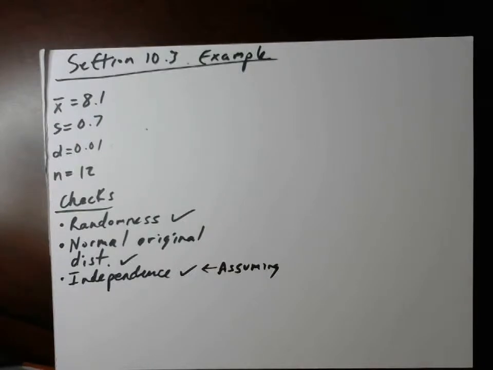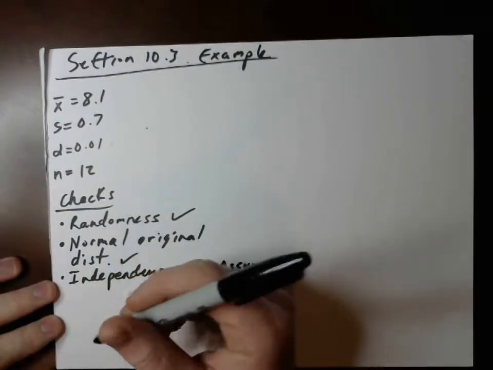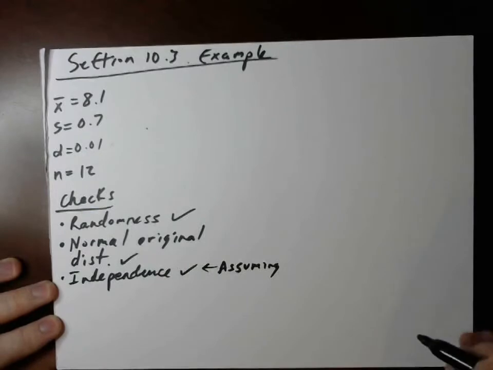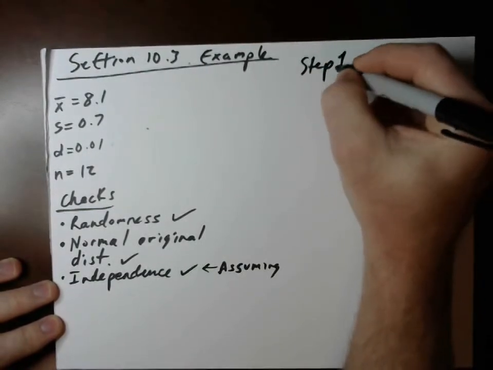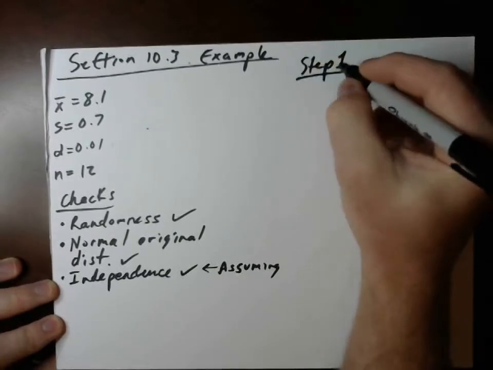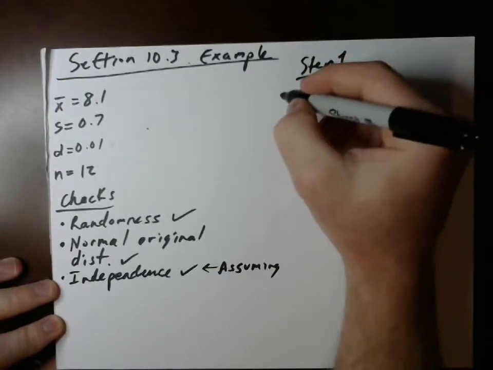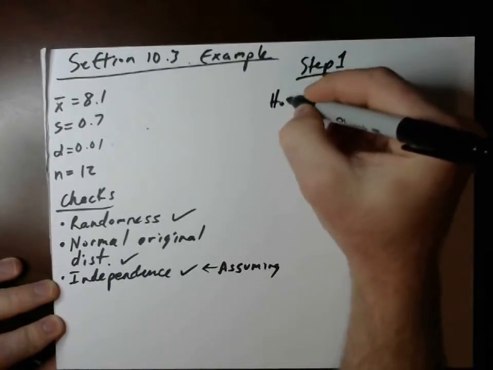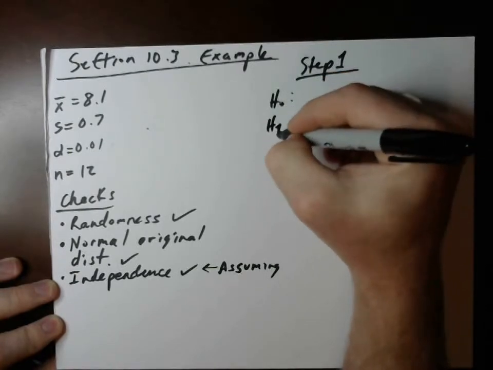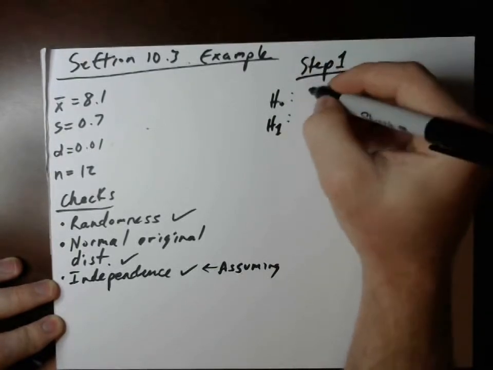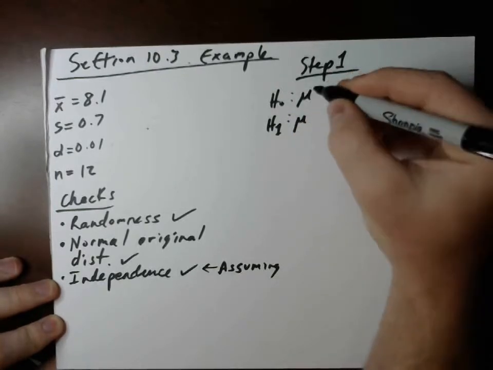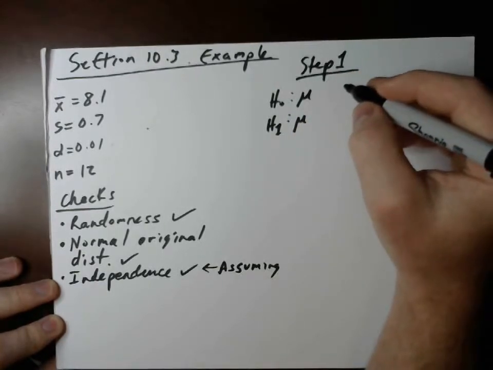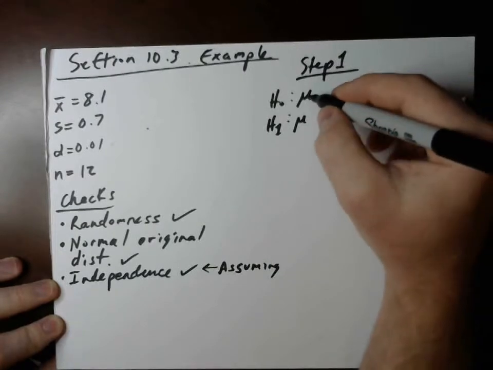So let's continue, and now we're ready to do our hypothesis test. So step 1 is our null and alternative. So as mentioned before, we have H naught, always, H1, alternative, colons, mu, because our population parameter, in this case, since we're measuring mean, is mu.